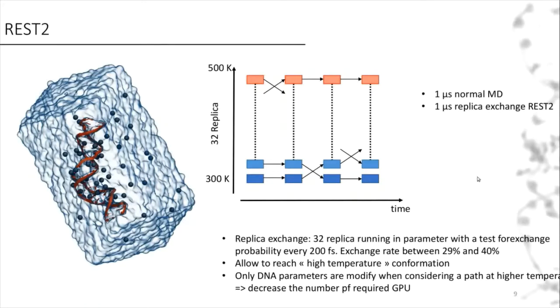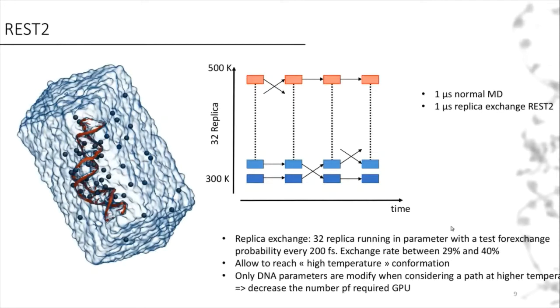So one solution is to use Replica Exchange, where we perform several replicas with different temperatures, and they are running at the same time. So you use as many GPUs as you have replicas, and then periodically you make some attempts to see if you can exchange the conformation between 2 replicas using energy parameters.